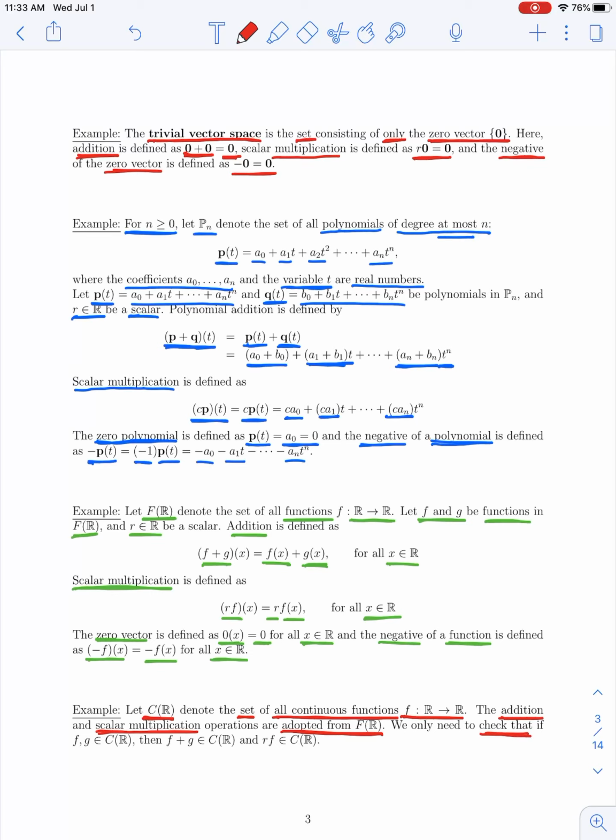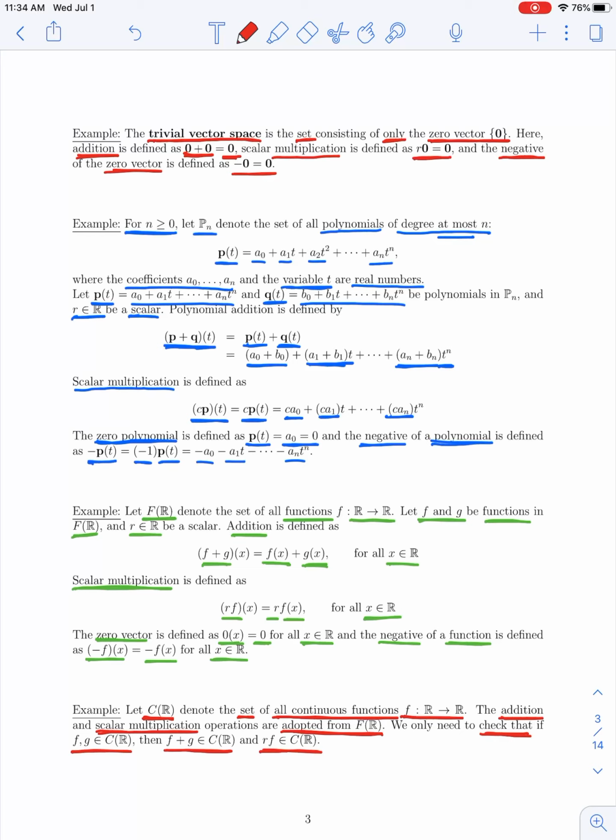So for this space, we need to check that if f and g are two continuous functions from the real line onto itself, that the sum is also a continuous function, which is a result that you've seen in your calculus courses. The sum of continuous functions is continuous. And a scalar multiple of a continuous function is also continuous, which you've seen, again, from your calculus classes.